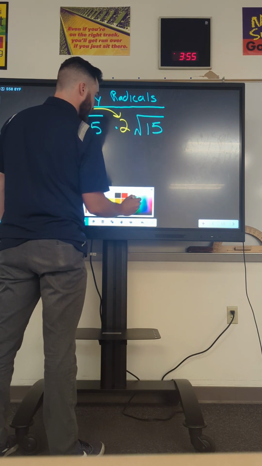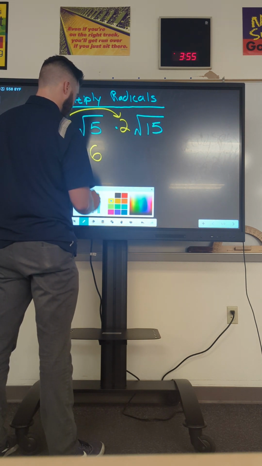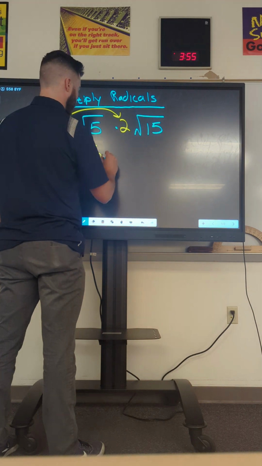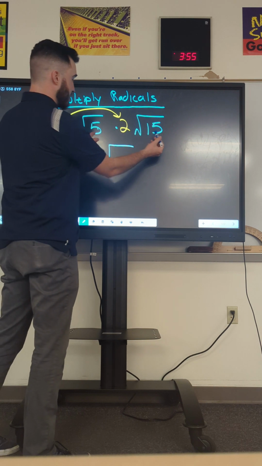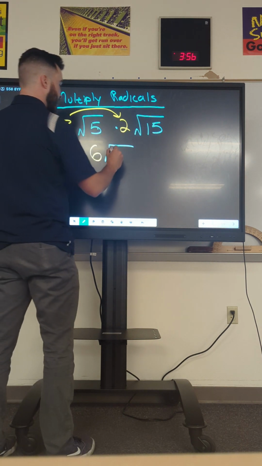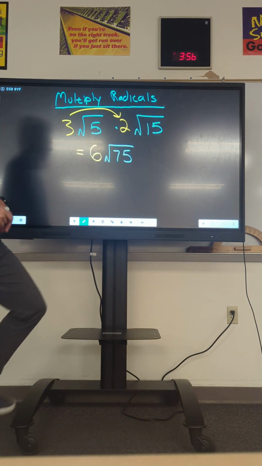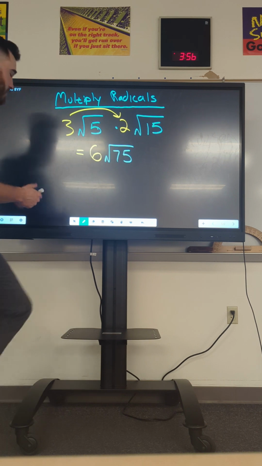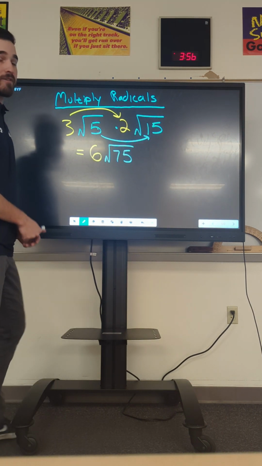But then when we move to our radical, I'm going to do 5 times 15. So I multiply these two together, okay? And 5 times 15 gives me 75. Now, all our multiplication is done. 3 times 2 gave me 6, and 5 times 15 gave me 75.